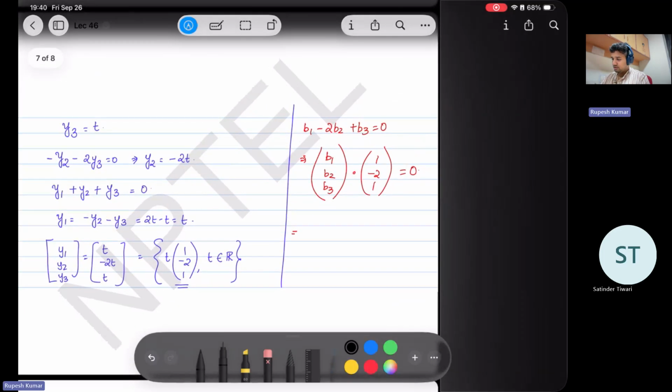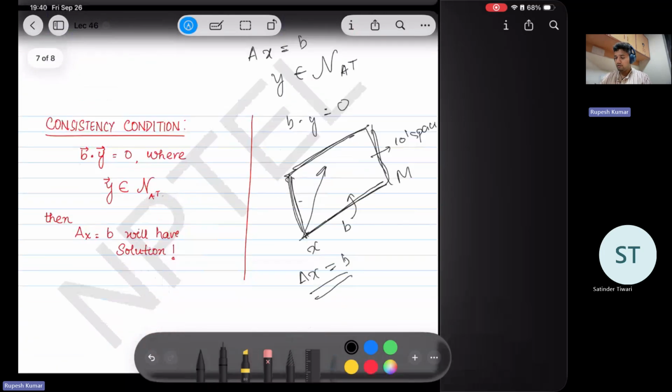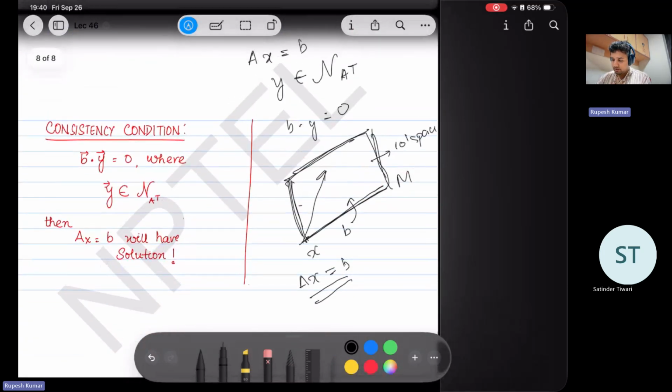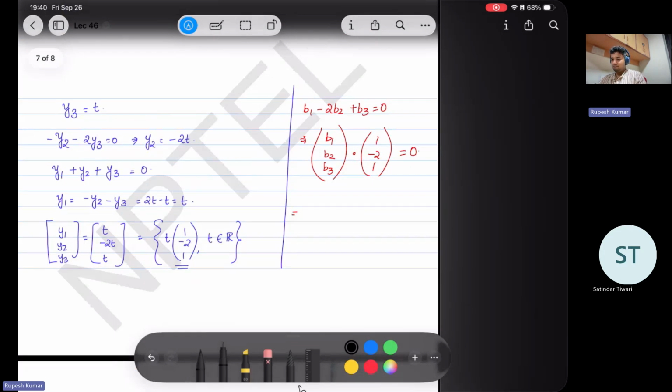Basically, what they are showing is that for the consistency criteria, you find the null space of A transpose, and you check that b dot y equals 0 such that y belongs to the null space of A transpose. They have done this by seeing this example here.